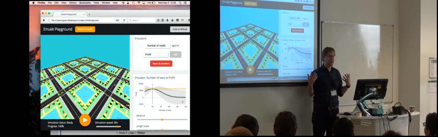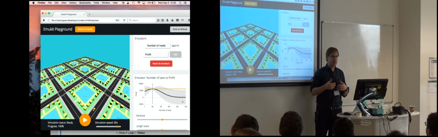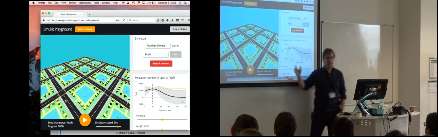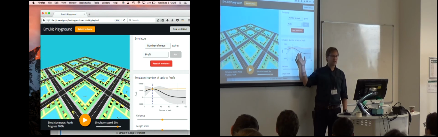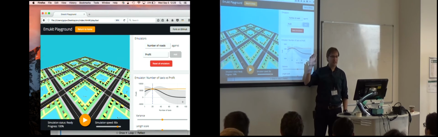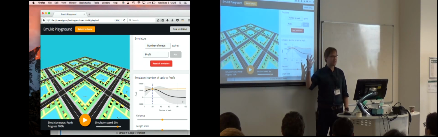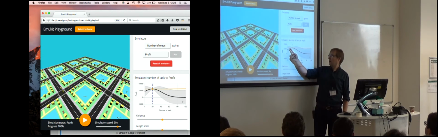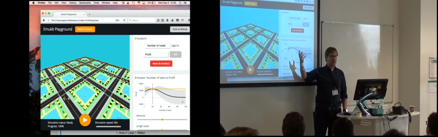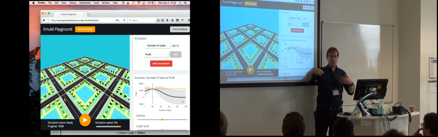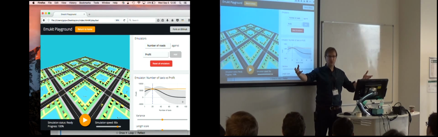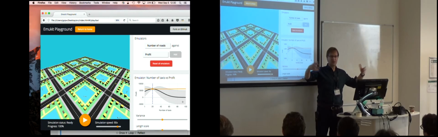There is no acquisition function, it's just me making decisions about how many taxis I should use, for which I wouldn't have any guidance if I were just using the simulator. But with the emulator, I can actually visualize that with the Gaussian process, right? I can also do things like sensitivity analysis with the emulator because I have gradients of the Gaussian process once I have run just a few simulations, instead of running many of them using Monte Carlo, right?